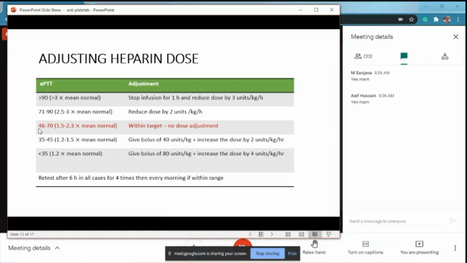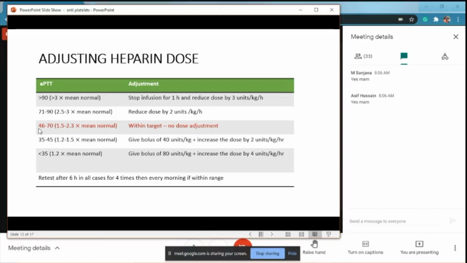In both cases, if it goes below the target, then we have to give a bolus and also increase the dose. So whenever you see a value below 46, there are 2 things you have to recommend to the physician, if the physician asks for a recommendation: give the bolus and increase the dose.